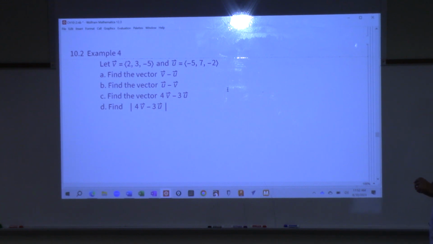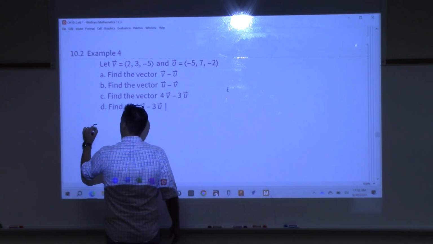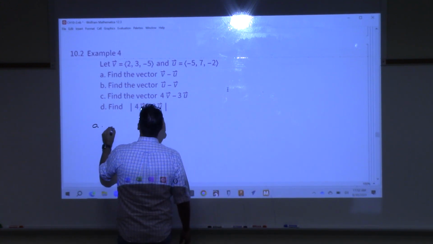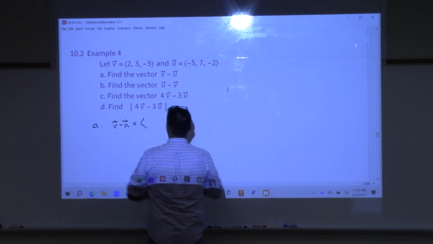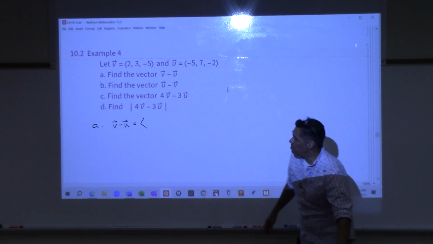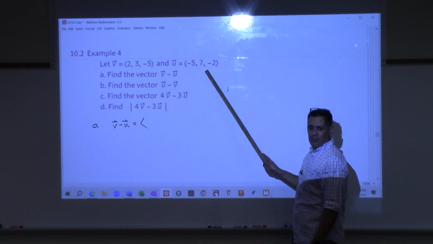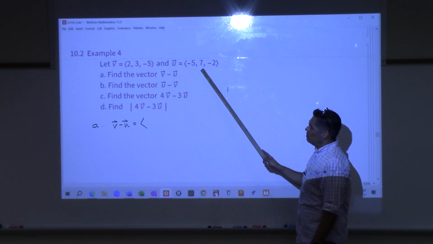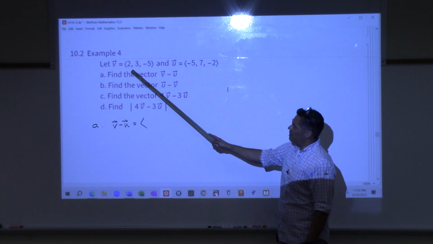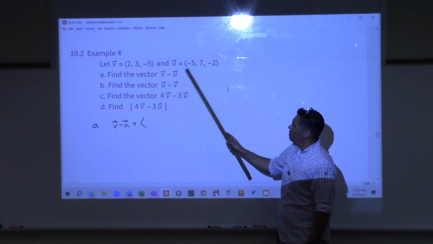All right, so I give us two vectors, v and u. Let's do part A. What is the vector v take away the vector u? Well, by definition, what I'm supposed to do here is take this one and subtract this one. So I'm going to take the first component of this one, 2, and take away negative 5.